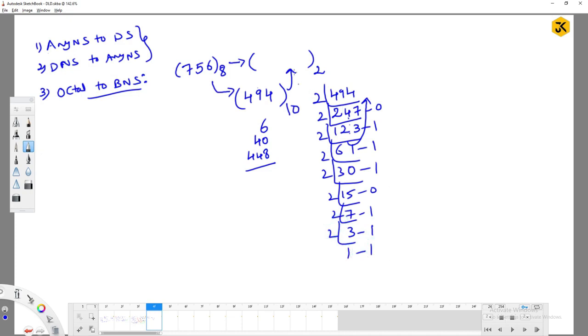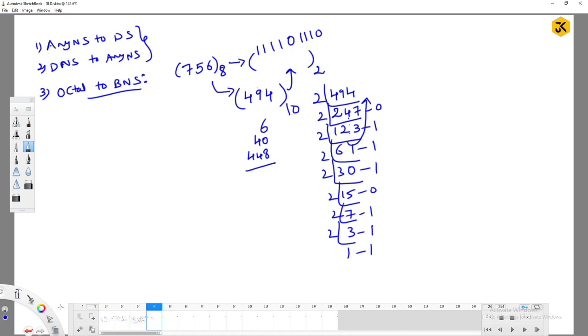So your answer will be 1 1 1 1 0 1 1 1 0. Is it correct? Yes, right? So this is the way you can calculate. This is one simple solution you can follow.